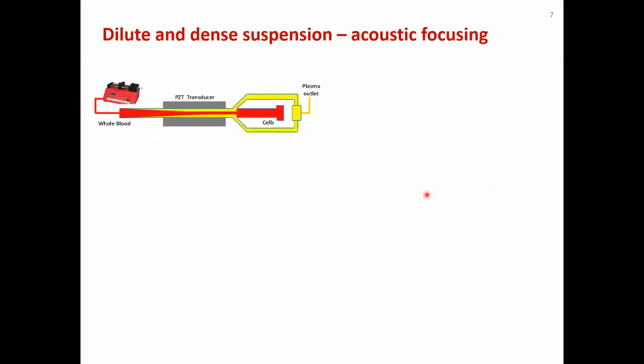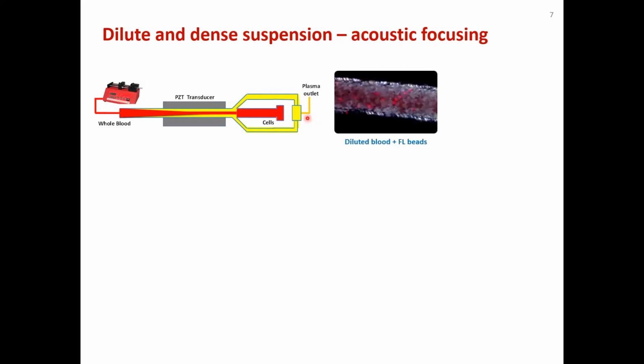So if one wants to do that in a microchannel, one would imagine that we can pump the whole blood into the channel and apply standing wave so that the cells would get focused at the center and the plasma would be around it and you can collect it at another outlet. This works fine if you have a dilute suspension.